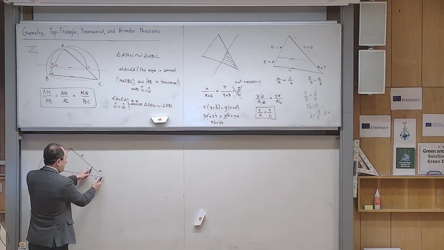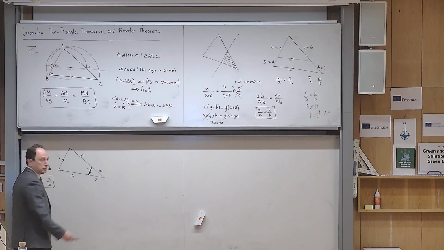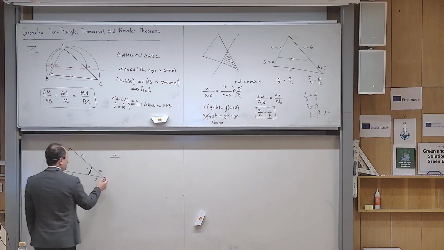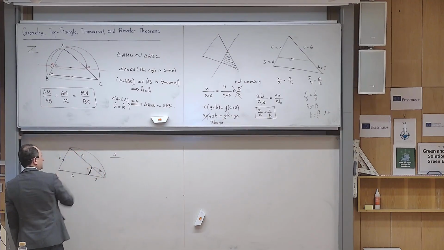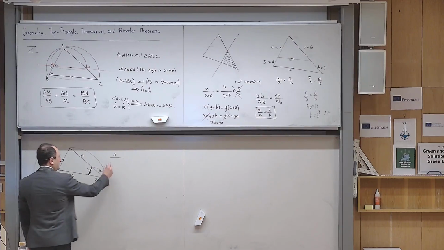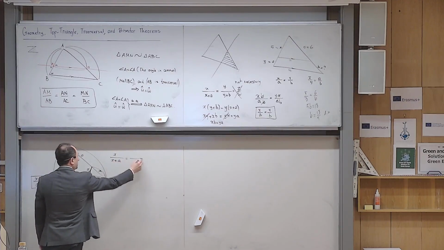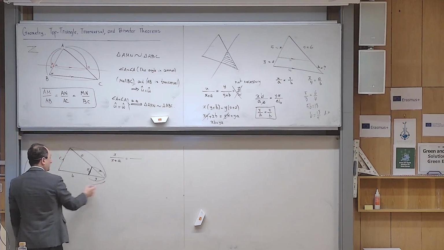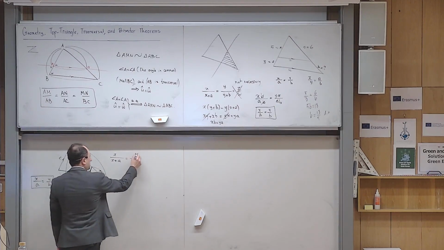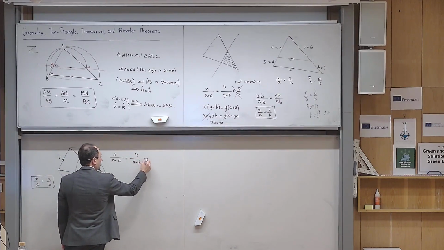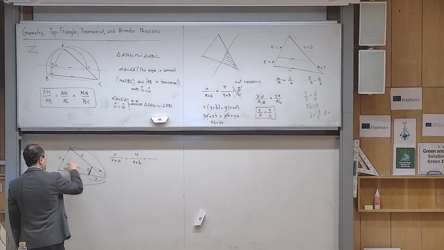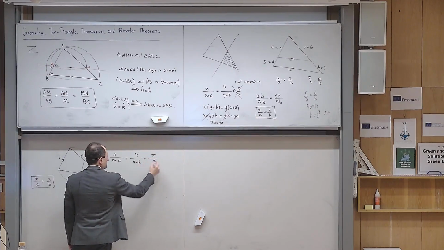You have to go part by the whole. Yes, so you need to write x over the whole part. The whole part is not a, it is x plus a. And then do the same thing here, y over y plus b. Then you are allowed to write z over c. Yes?